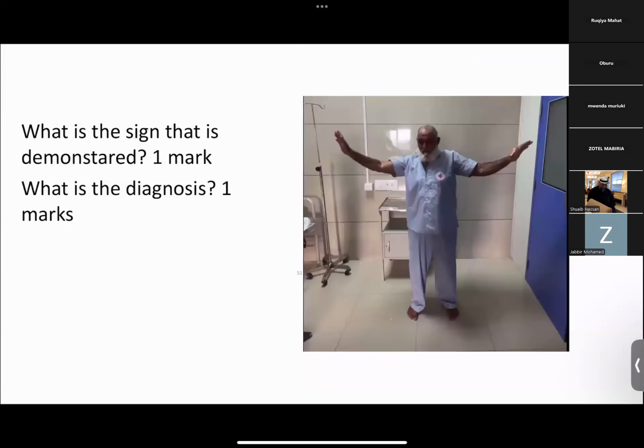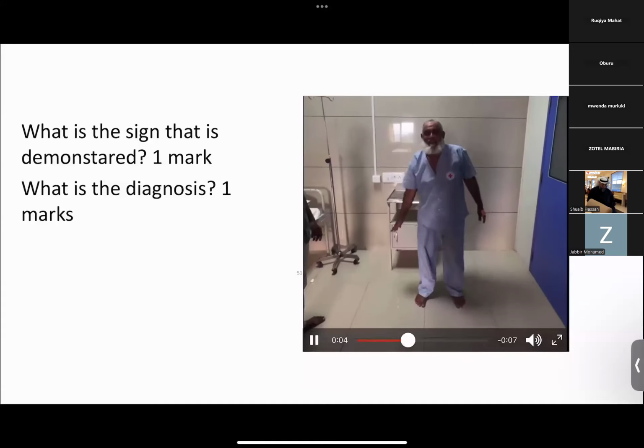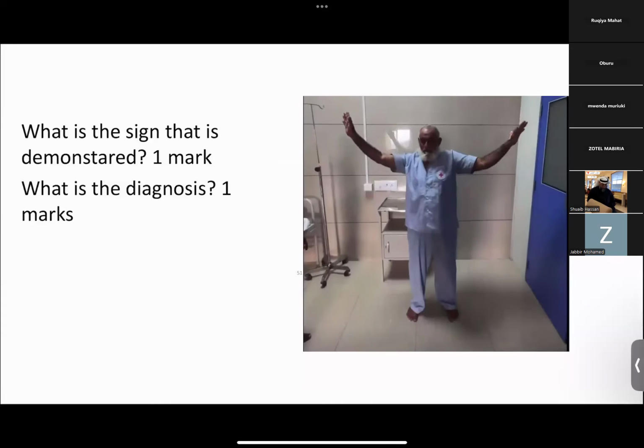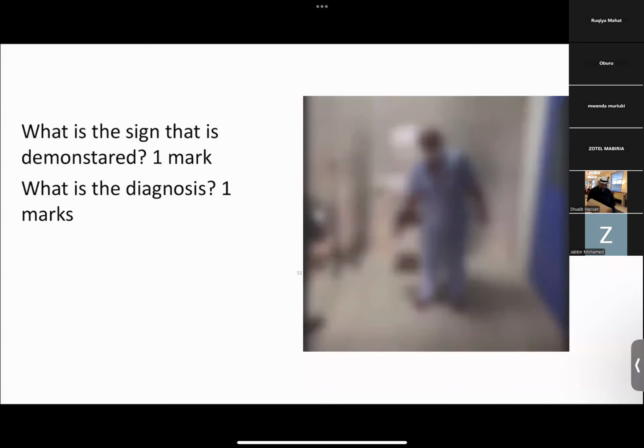Okay, now, what's the diagnosis here? It's a drop arm sign.